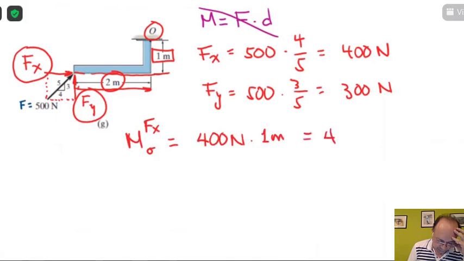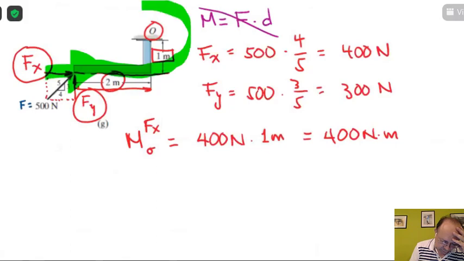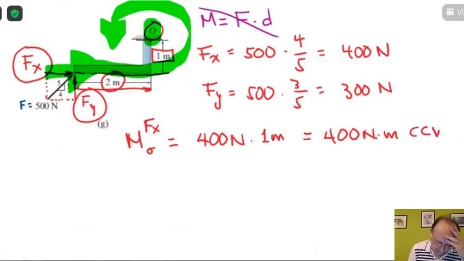That will be 400 newton meters. And we have to point out that this force going in this direction produces this rotation about the point O. So that is a counterclockwise moment.